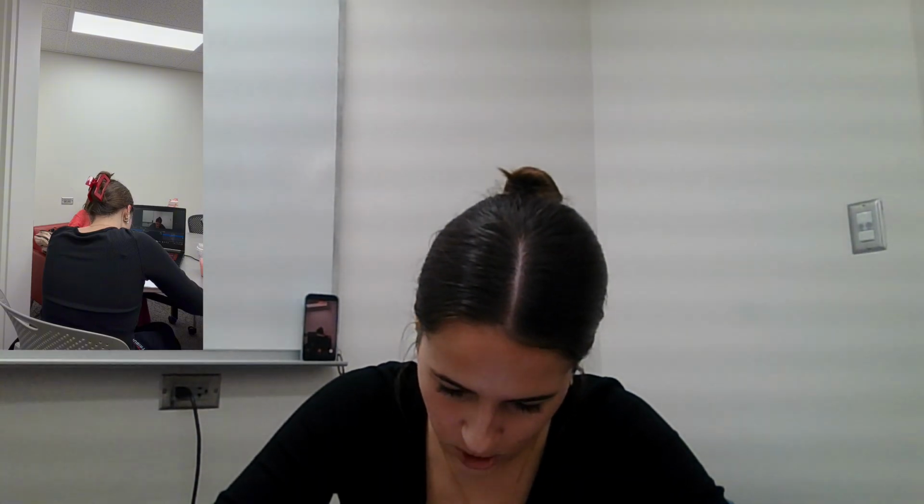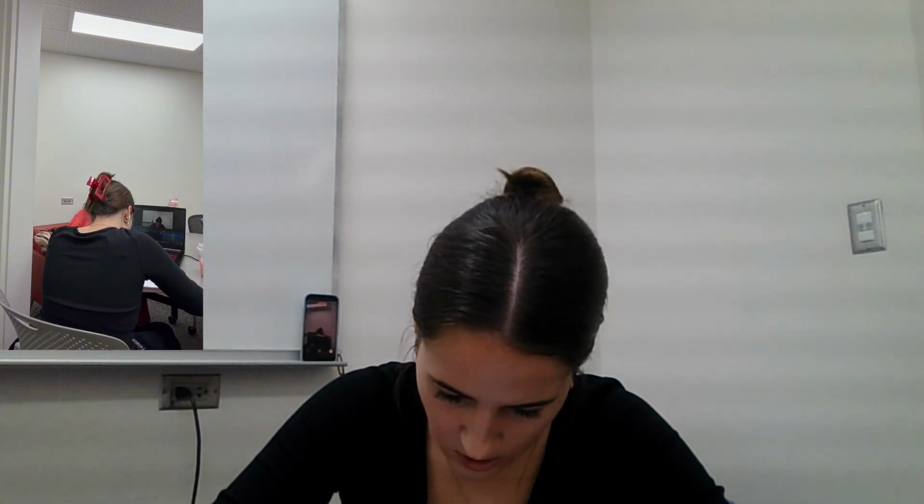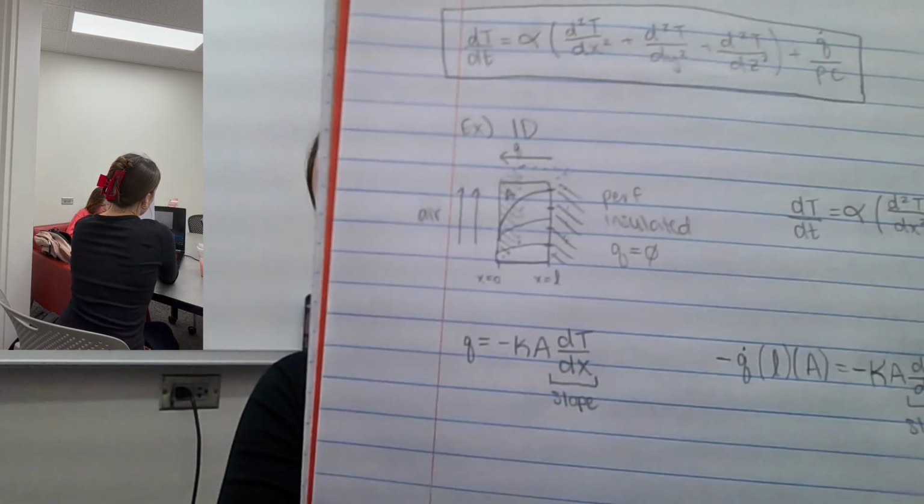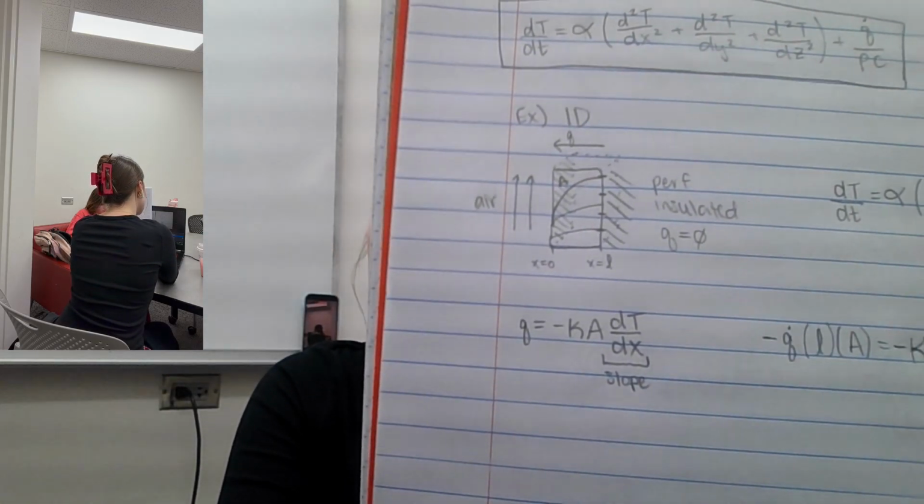And this also makes sense because, as I mentioned before, that dT over dx term is going to be equal to our slope. So if our slope is really high over here, that means that we are farther away from our starting position, which we're going to say that our starting position is actually at L right now, because that heat flow is moving from the x equals L towards the x equals 0 direction.